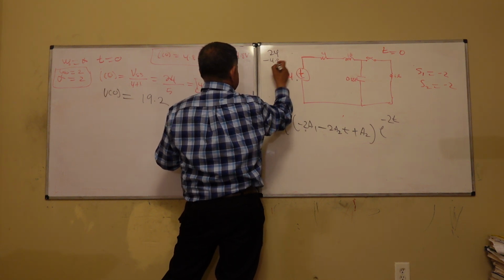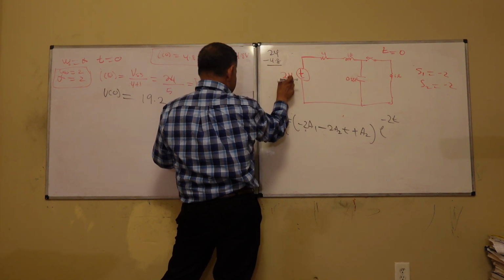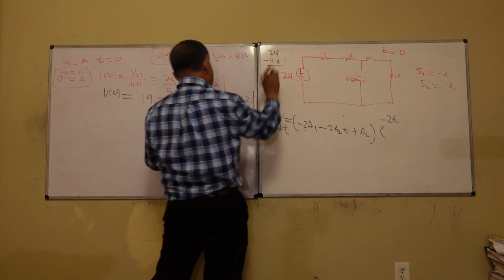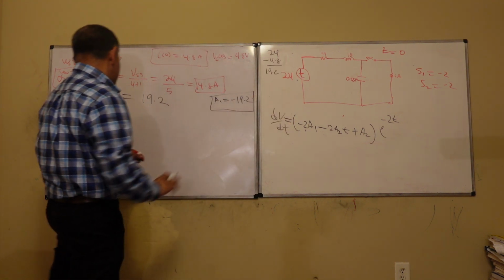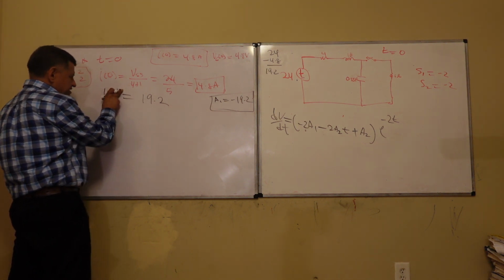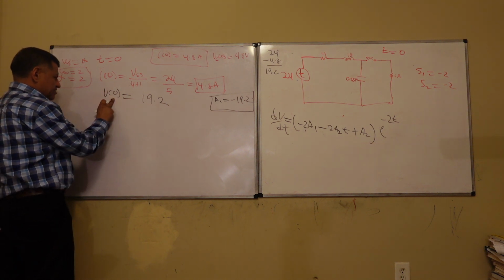That's the listing that I want to do, right? So that is equal to 19.2. So the voltage at v of t equals 0 is equal to that, right? Now, at the time equals 0.